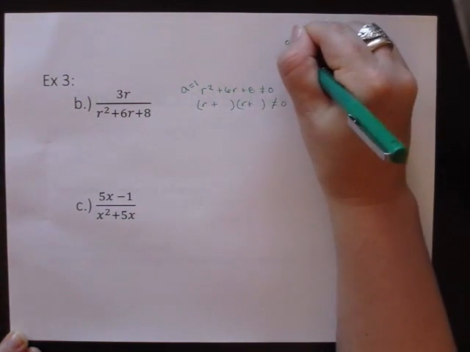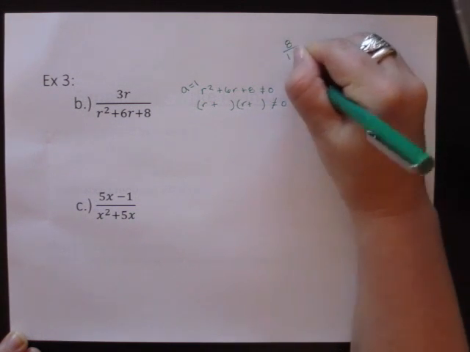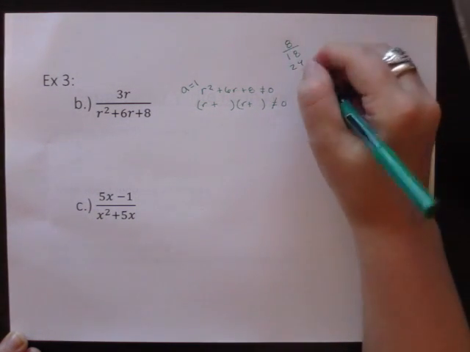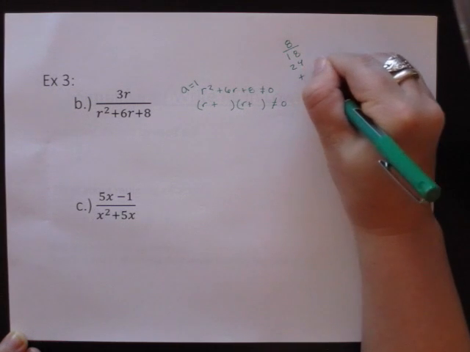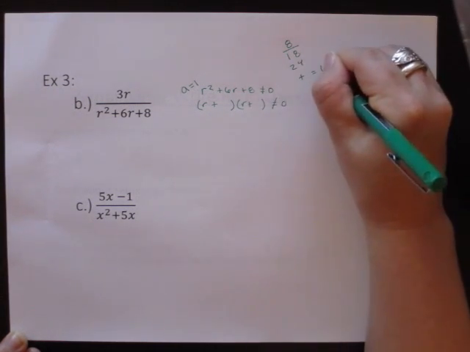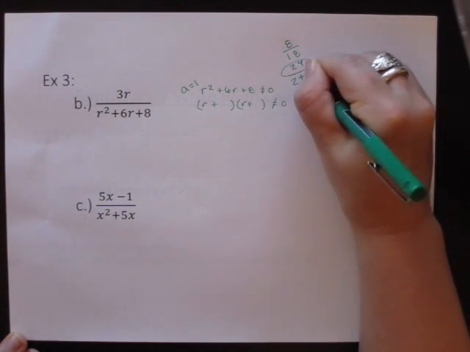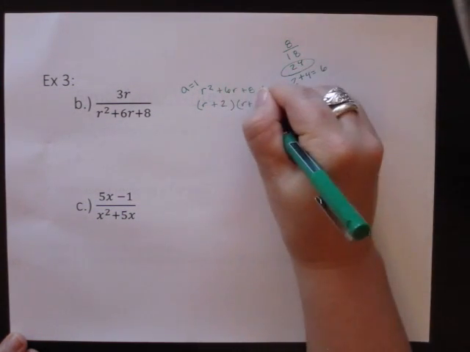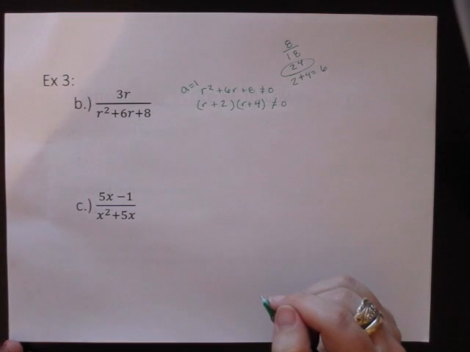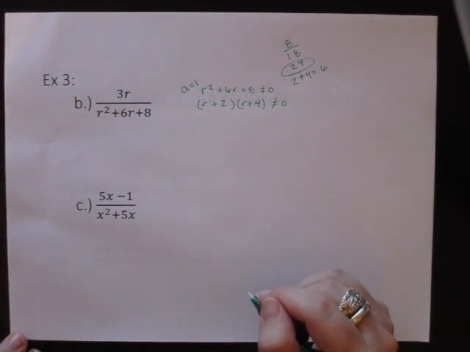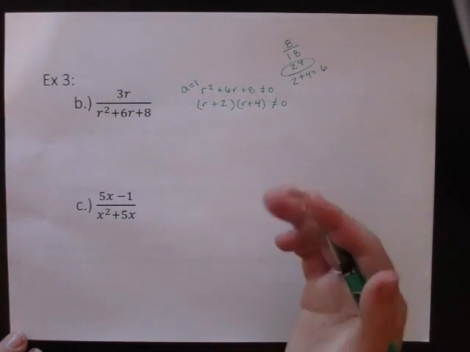Then I find the factors of 8, so 1 and 8, and 2 and 4. Signs are the same, so I have to use addition to get to my b, which is 6. So I would use the 2 and the 4, and it doesn't really matter what order it's in. So 2, 4.